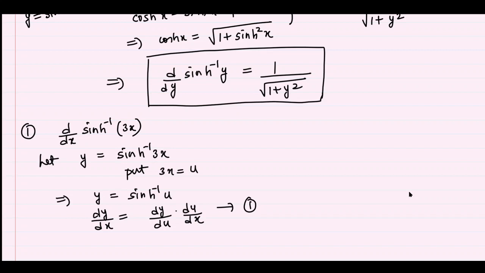So what is dy by du? Y is sinh inverse of u. We have proved that d by dy of sinh inverse y is 1 by root of 1 plus y square, so we get 1 by root of 1 plus u square.